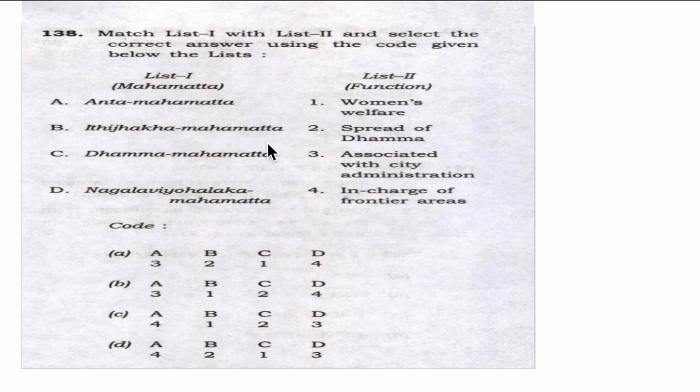Itijhaka Mahamattas are associated with women welfare, so next is option 1. Dhamma Mahamatta spread Dhamma, next is 2. And Nagalaviyohalaka Mahamatta deals with city administration. So option C, 4, 1, 2, 3 is the correct answer.